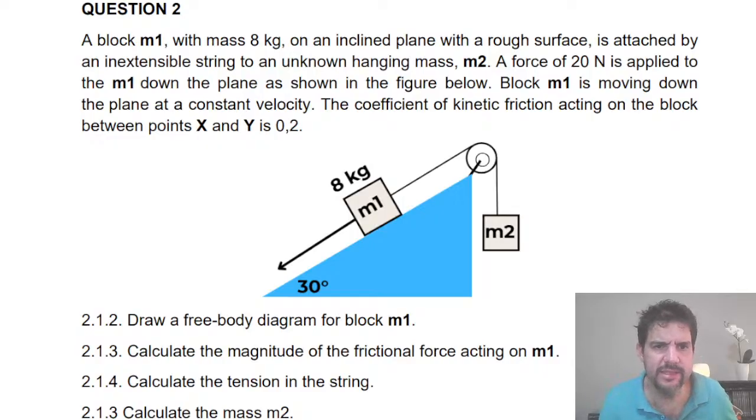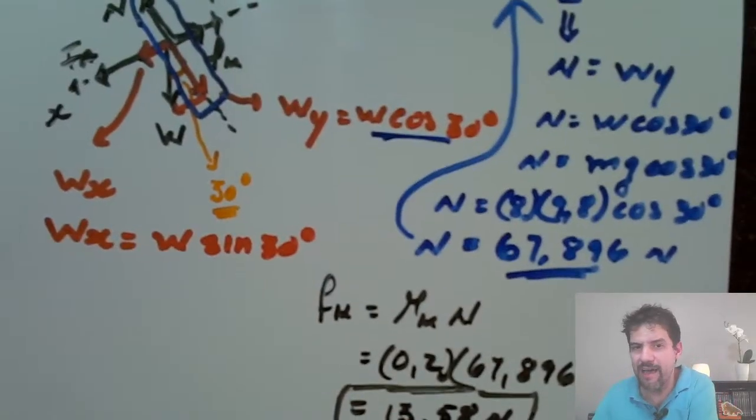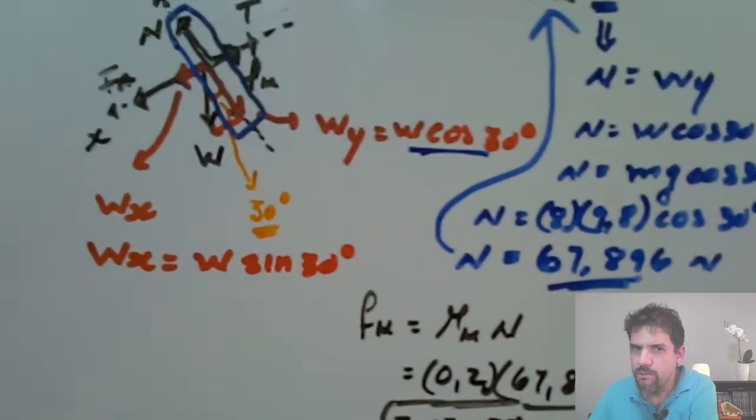Pardon, they ask to calculate the tension in the string. All right. So let's see. To calculate the tension in the string, we're going to start with the 8 kilogram block. Why are we starting with the 8 kilogram block? Well, because we don't have M2. We might not even use it.